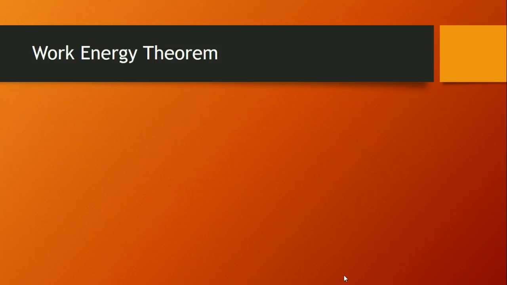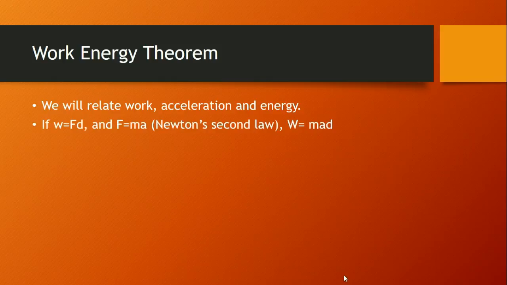And so here's another important piece of information we should know: the work energy theorem. So basically, we will relate work, energy, and acceleration. So we know that work is force times distance, and force equals mass times acceleration, which is Newton's second law, and we will talk more about this, but in this case, all you have to do is know these two formulas.